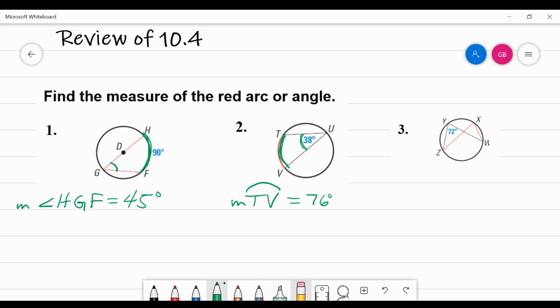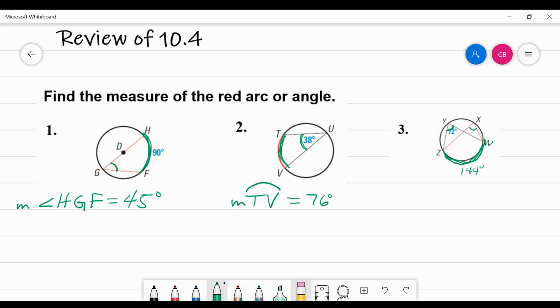And then for number 3, we have to find the measure of angle ZXW. Okay, that angle intercepts this arc here, but we don't know the measure of the arc, but we could find it because this arc is also intercepted by this 72-degree angle. So that means that the arc is twice as much as the angle, which is 144 degrees.